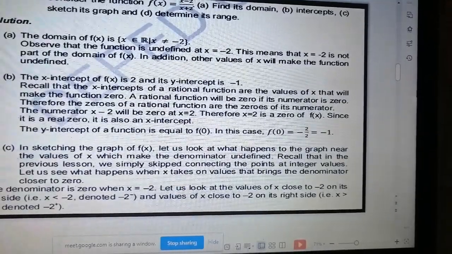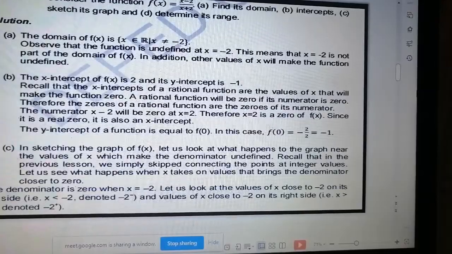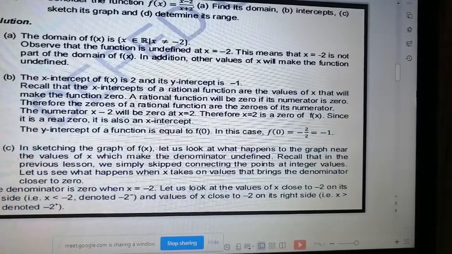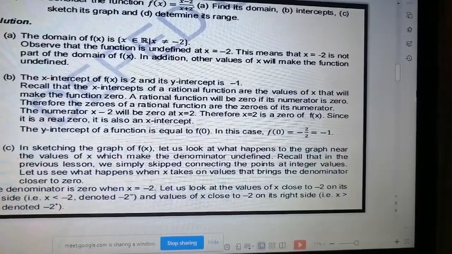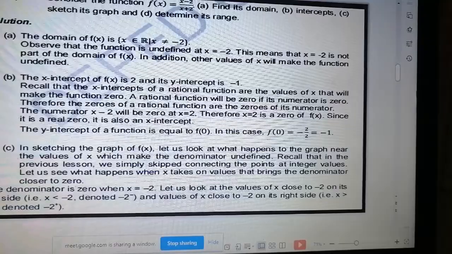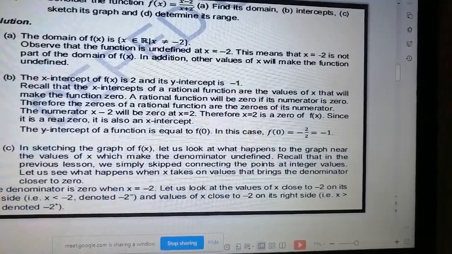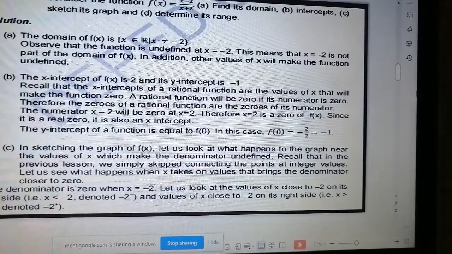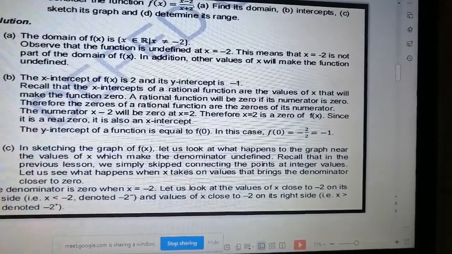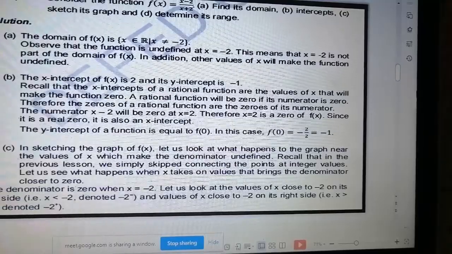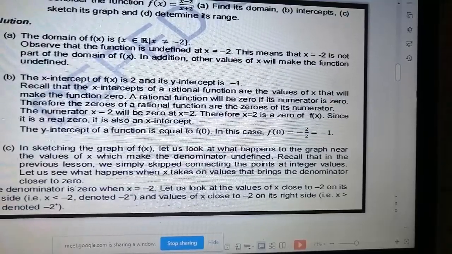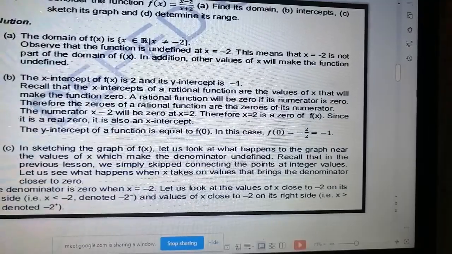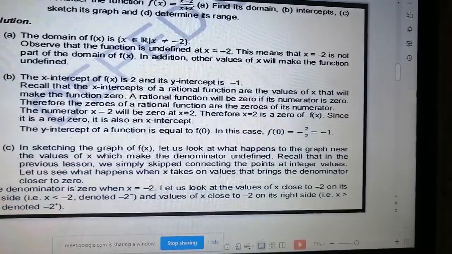Okay, recall that the x-intercepts of a rational function are the values of x that will make the function 0. A rational function will be 0 if its numerator is 0, and therefore the zeros of the rational function are the zeros of its numerator. The numerator x minus 2 will be zero at x equals 2.